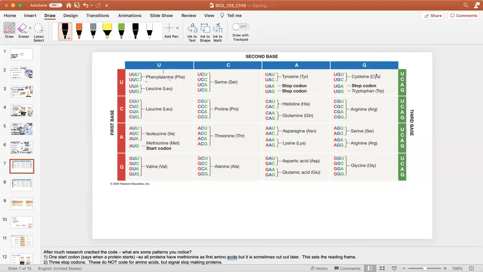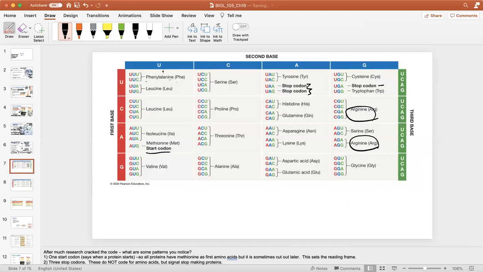We have some that are repeated here. Arginine is repeated. Cysteine must be repeated somewhere. I'm losing track. We're going to talk about how these are repeated. But you can see that every single amino acid here is in fact covered. We also have some additional codes here, the start codon, and we have 3 stop codons.